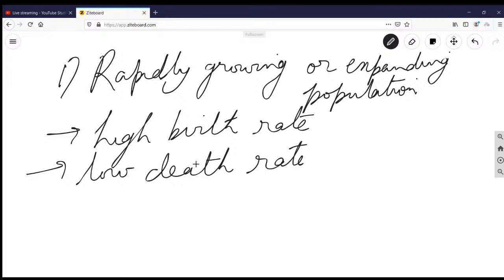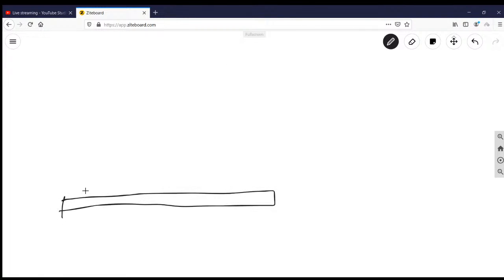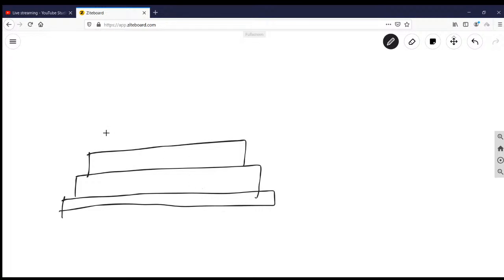So there will be more young individuals in the population. If you want to make a graph of it, you can make this kind of graph, that this is the statistical representation, pyramidal representation.